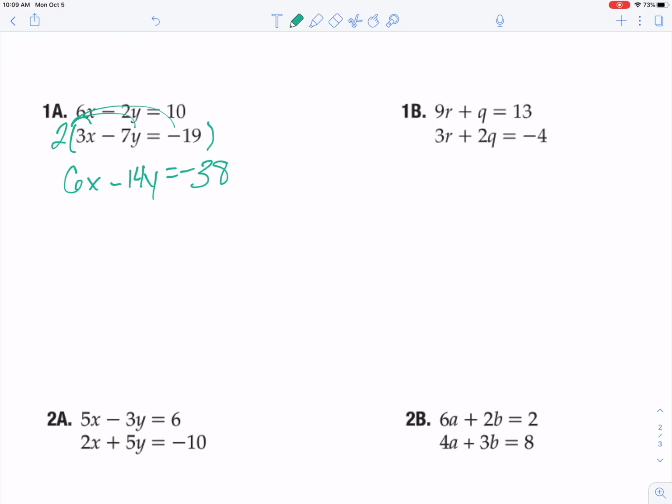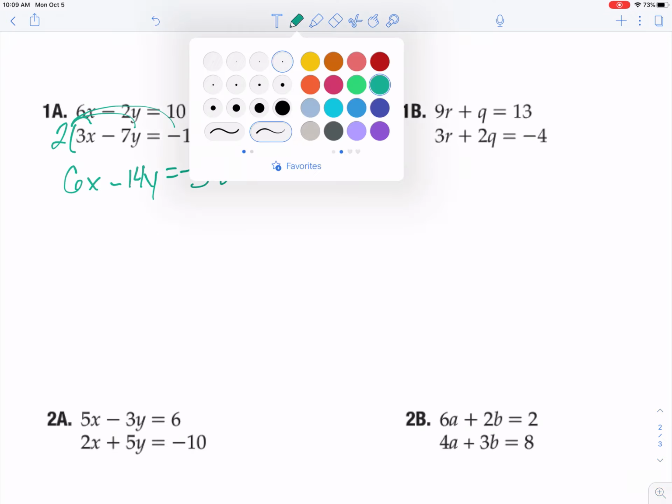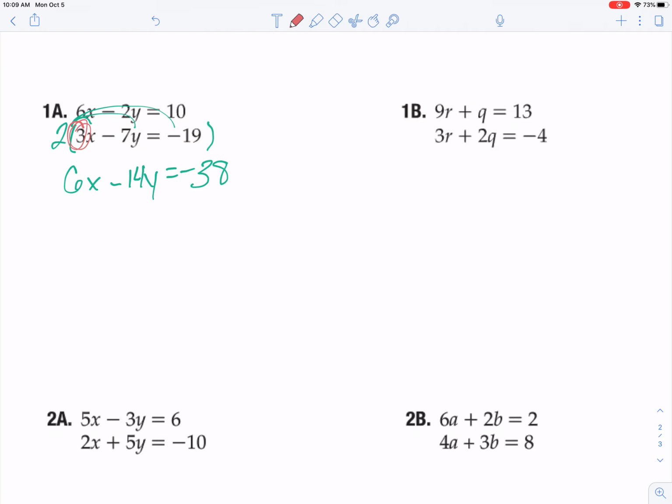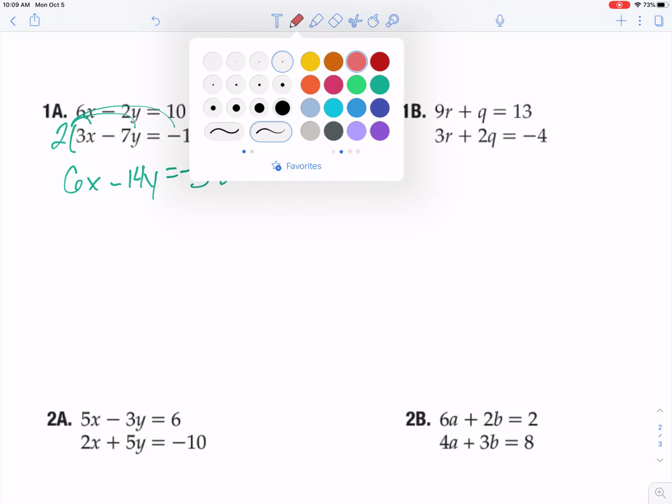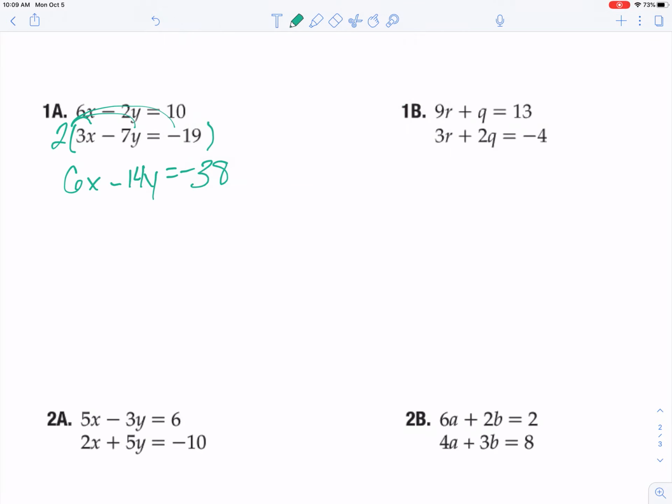Okay, what I was asking myself when I did that was, how can I make this 3 look like this 6? And the answer was multiplying it by 2. So then what I'm going to do is literally just drop that top equation down. 6x minus 2y equals 10.